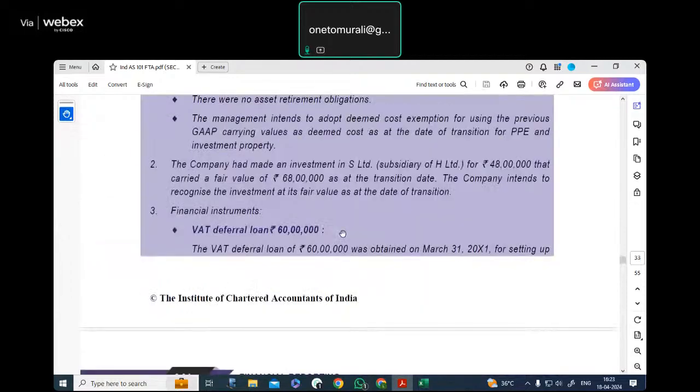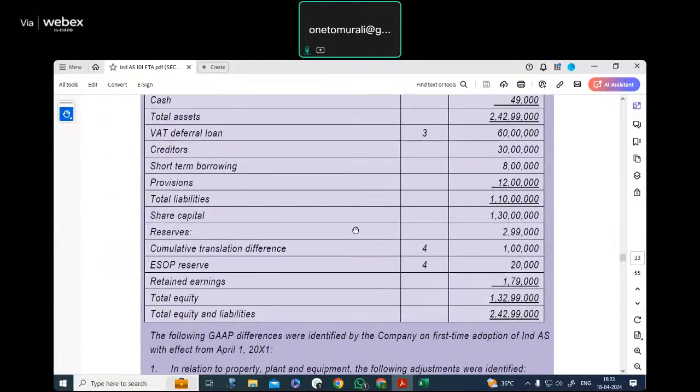I will let you know what is that. See, the reserves, what they have mentioned as 299 is not a separate item. So it is 1,20,000 and 179,000. That just becomes 299. So if you total up, that is what I was just checking.